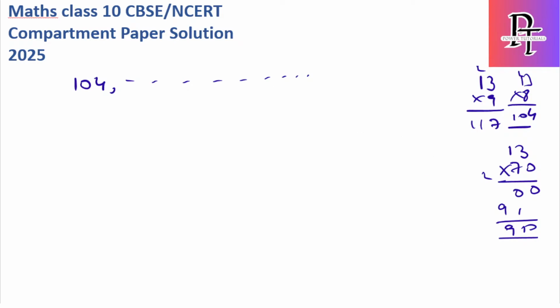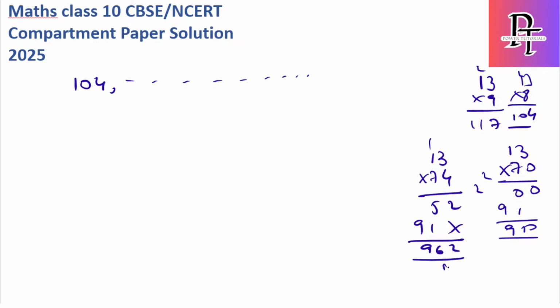Okay, for this if I take 74, if I check 4 3s are 12, 1, 4 1s are 4, 5, 6... it is 962.